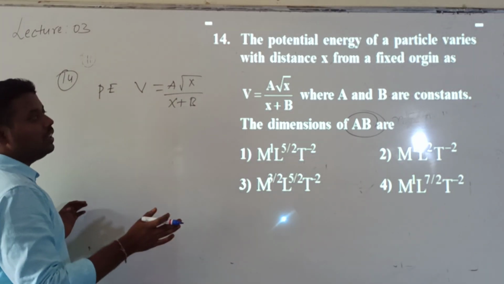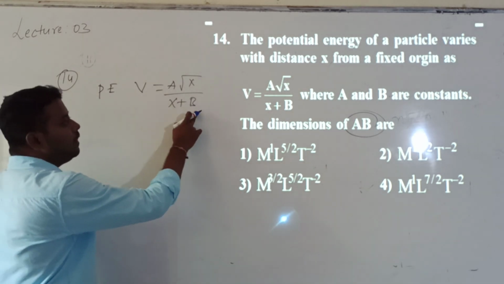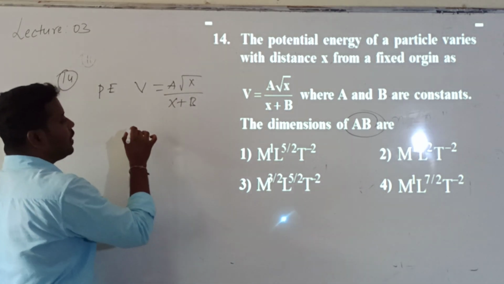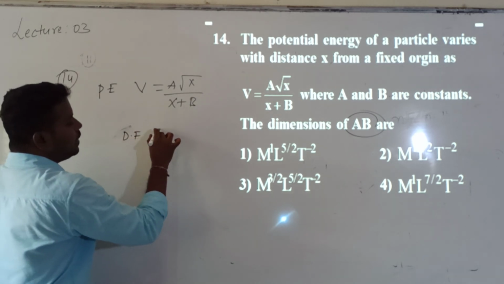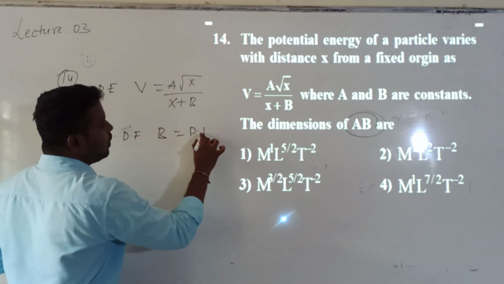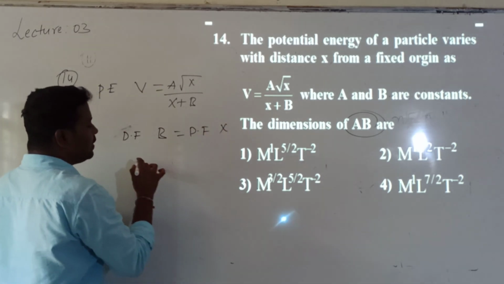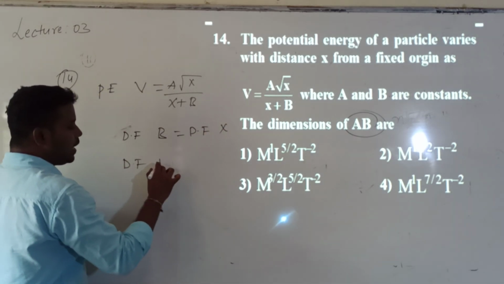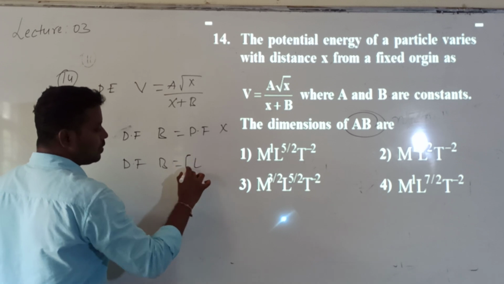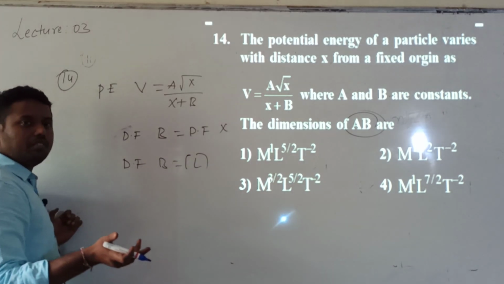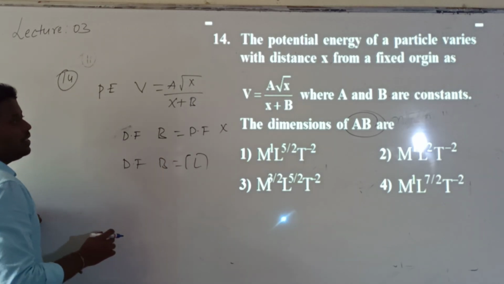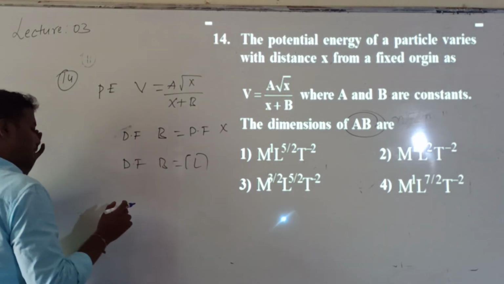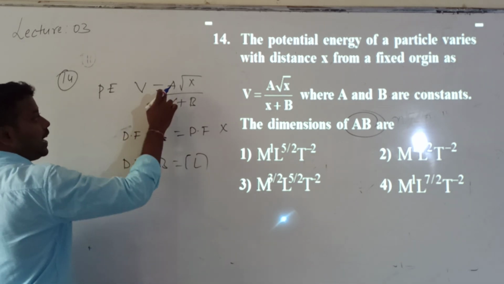So you should know that terms which can be added must have the same dimensional formula. So the dimensional formula of B is equal to the dimensional formula of x, that is L. You can write M power 0, L, T power 0, or directly L. Similarly, how can I write the dimensional formula of A?